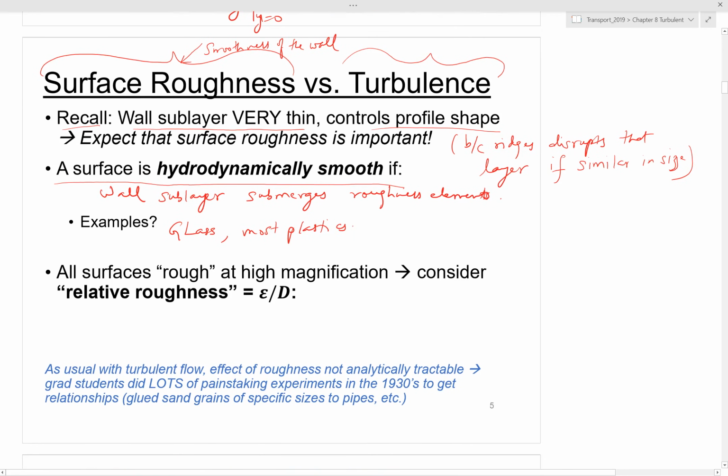However, in reality, most pipes, even to date, most surfaces are rough at high magnification. That is why we consider something known as the relative roughness, or the ratio of e to capital D. Okay, so e here is essentially the ratio of mean height of roughness to pipe diameter.